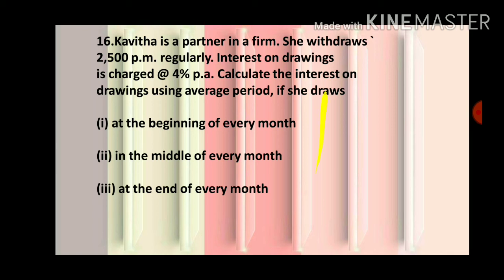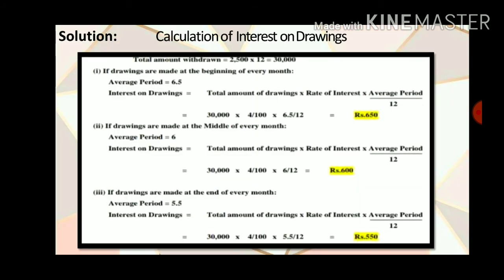Okay, the question is: calculate the interest on drawing. Which method? Using the average period method. So for calculating interest on drawing in these questions, the average period method has to be used. What is the formula of the average period method?